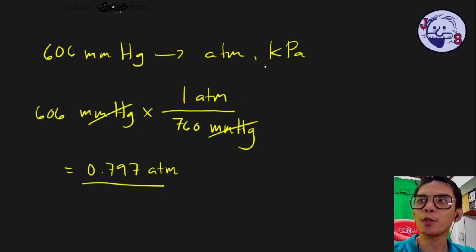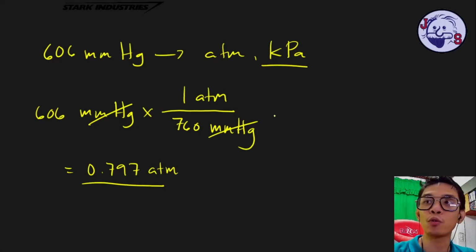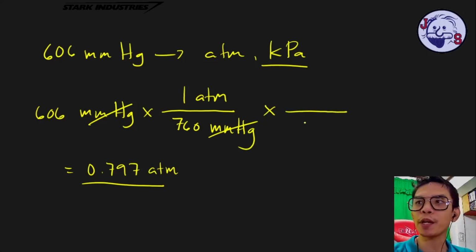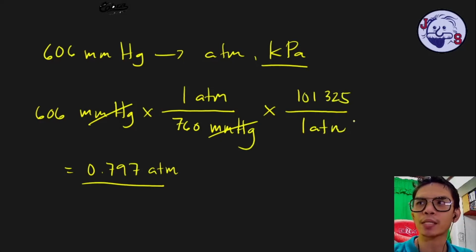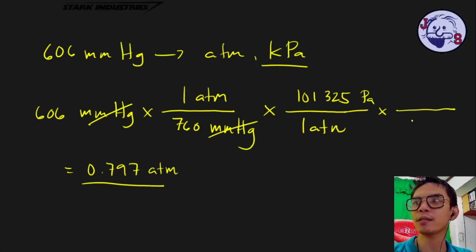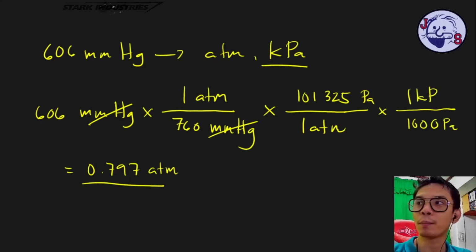Okay, so now if you want to compute it directly to kilopascal, we multiply. 1 atmosphere is equivalent to how many Pascal? We have 101,325 Pascal, and that Pascal will be converted into kilopascal. 1,000 Pascals is equivalent to 1 kilopascal.